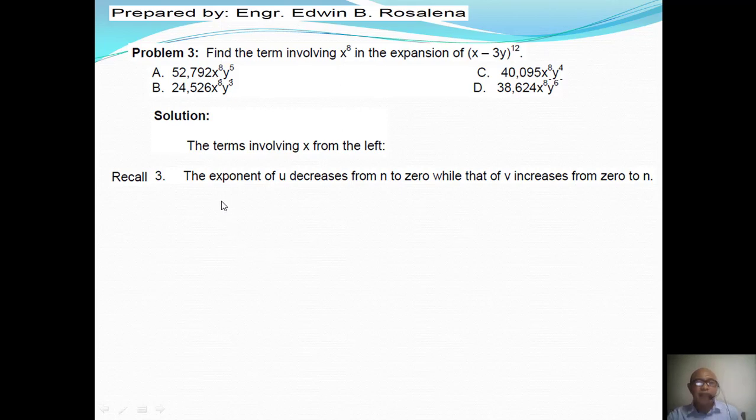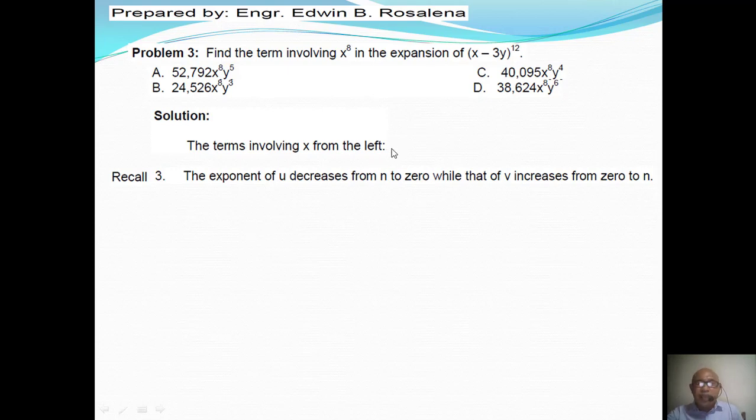Okay, so dito lang, na? The exponent of u decreases from n to 0. So meaning, ano yung unang exponent sa x dito? Alam nyo ba? Ano yan? X to the 12.